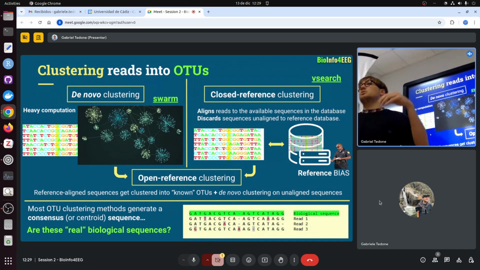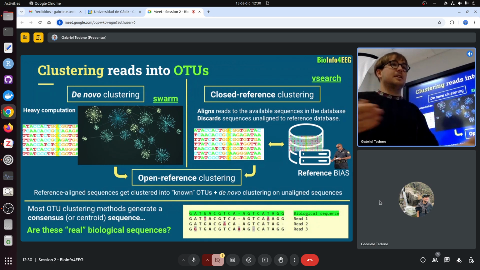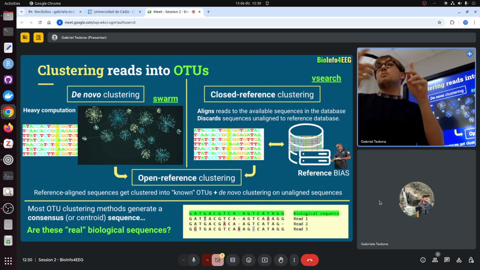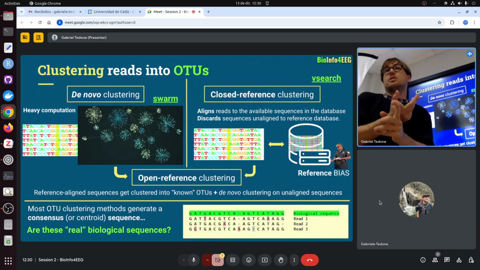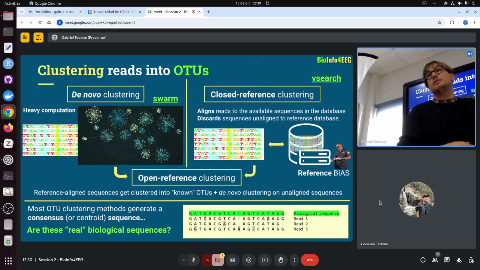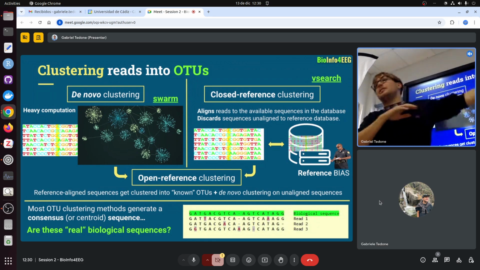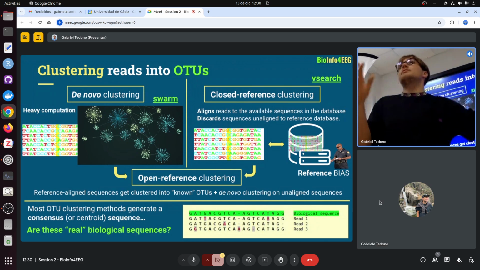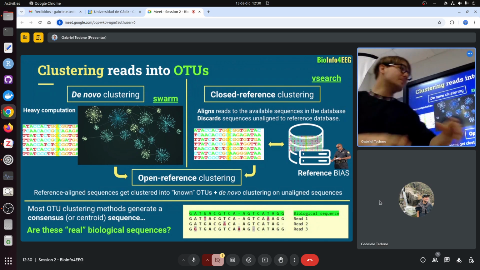But what if you go to Antarctica or somewhere else? Environmental samples are less studied and are more diverse too. So there are going to be more rare taxa that will not align to the reference databases and will get eliminated. So we lose information about the community.